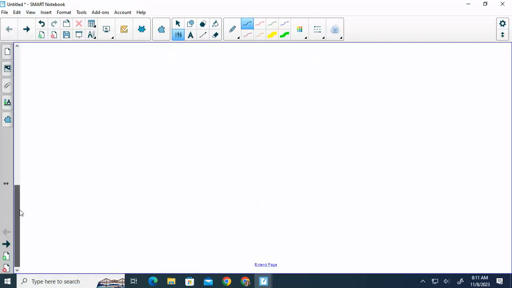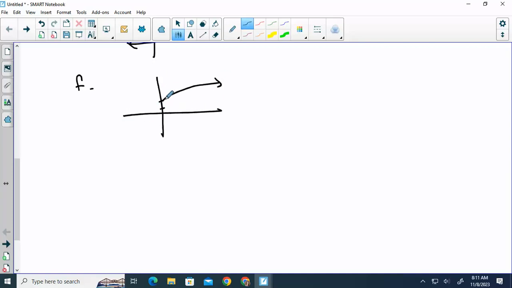F. So we have a cube root again, but this time the +2 is on the end. So this takes our cube root graph up 2. And we want the range, which is your y. However, this keeps going down and that keeps going up. So we're still hitting everything. G, what's an absolute value look like?